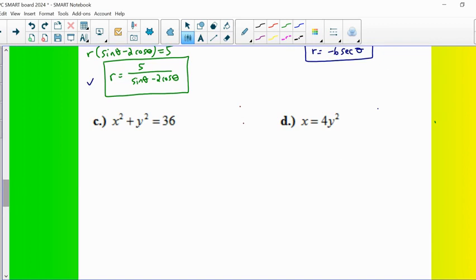Okay, speaking of non-functions, look at C. That's a circle. Maybe you recognize that from geometry. x squared plus y squared equals 36. Our conic section, that's a circle, 0 eccentricity. Or I know that every x squared plus y squared is equal to r squared. And then if I introduce a square root, so technically I should have a plus or minus 6.